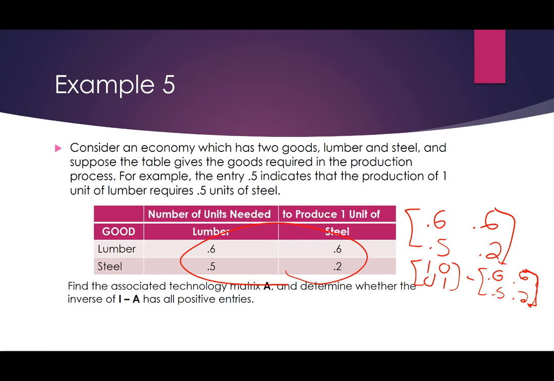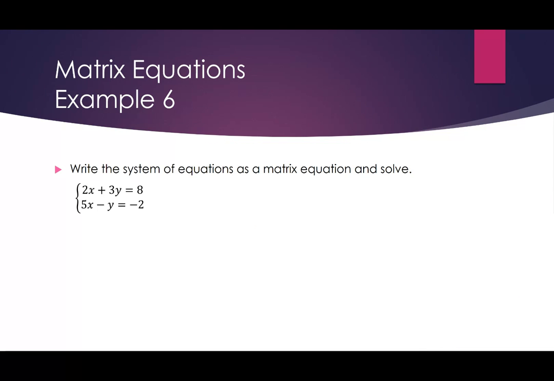And the answer, I believe, is no. 1 minus 0.6 is 0.4, but 0 minus 0.6 is negative 0.6. There you go. You've already got a negative entry. 0 minus 0.5 is negative 0.5, and then 1 minus 0.2 is 0.8. So both these values are negative. So no. The answer is no. They're not all positive. I don't know if that's all the question was asking, but it seems like it was all it was asking.